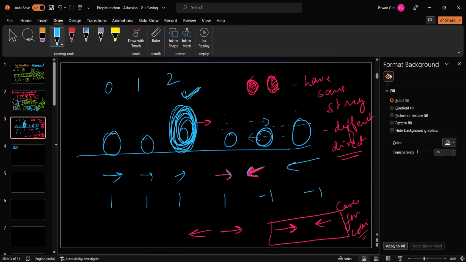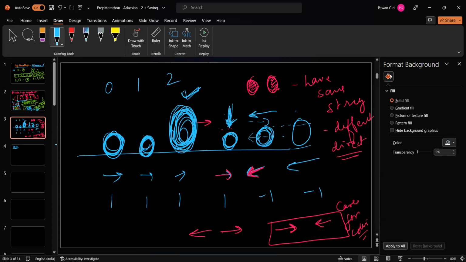How can we use the stack? If a ball is moving in the right direction, we can push it onto our stack. And if the ball is moving in the left direction, we compare it with the value at the top of the stack, because that is the first ball which will collide with this ball.